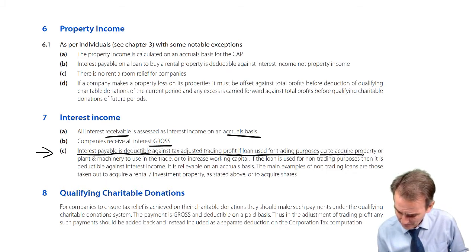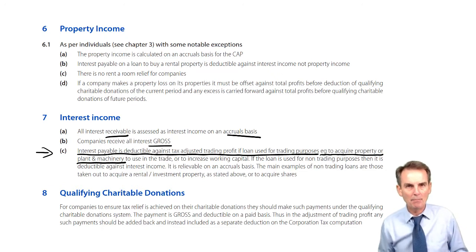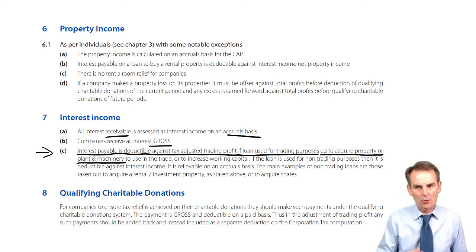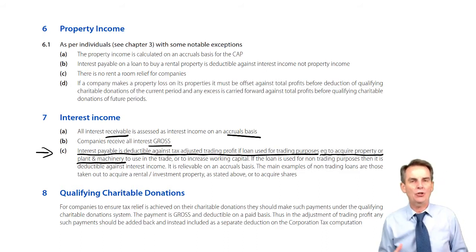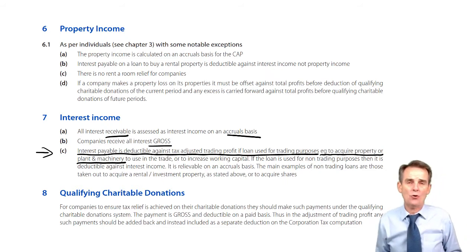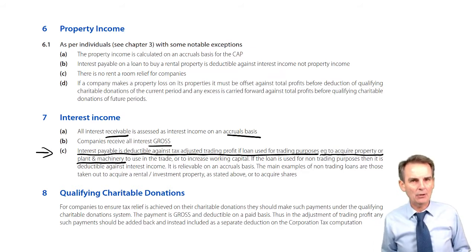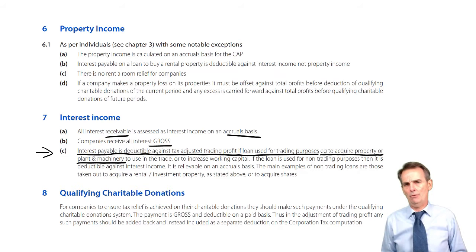For example, now you think, why would the company borrow money? It would borrow money, for example, to allow it to buy plant and machinery for use in the trade, to buy a building for use within the trade. Now those clearly are trading loans. You might borrow money to increase your working capital, again a trading loan.